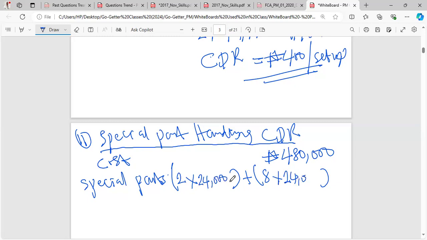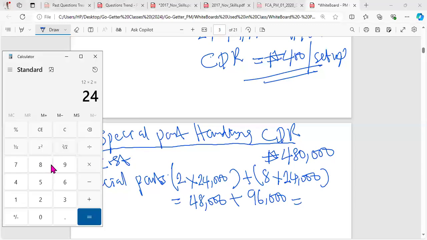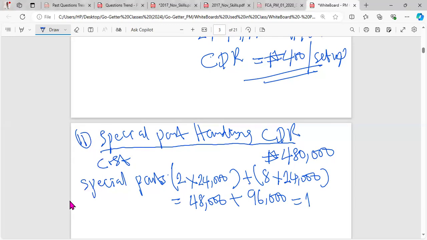So this is 48,000 and this is 96,000. If we are to add them together, 96,000 plus 48,000, 144,000. And that's the number of special parts we need.